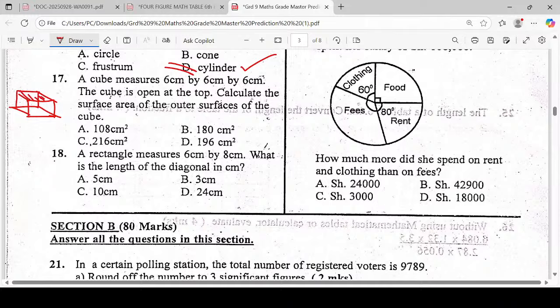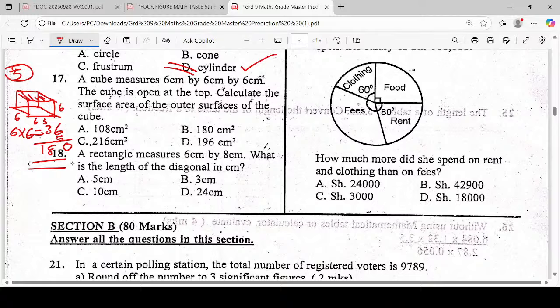Instead of having 6 faces, it now has 5 faces. So the area of one face is 6 times 6. This will be 36. But because now it has 5 faces, because one is already open, I multiply this by 5. 5 by 6 is 30, 0 carry 3. 5 by 3 is 15 plus 3, that is 18.